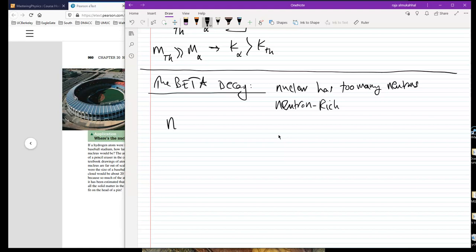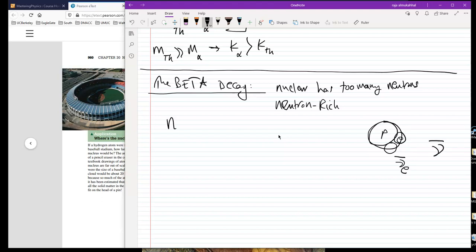See, here's a neutron. It's made out of 3 particles. It's actually made out of a proton and an electron and another little particle that is not important for us, called an antineutrino. Nu, this is the Greek letter nu.